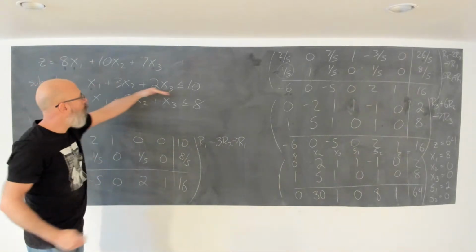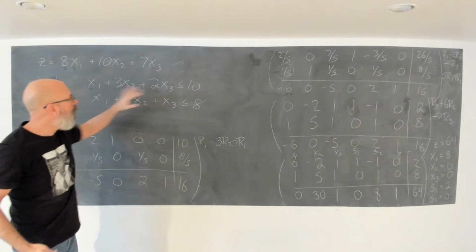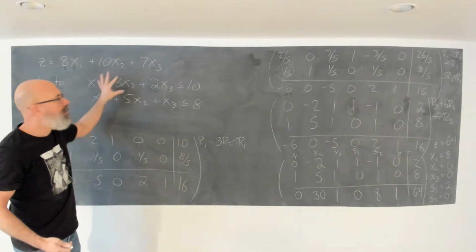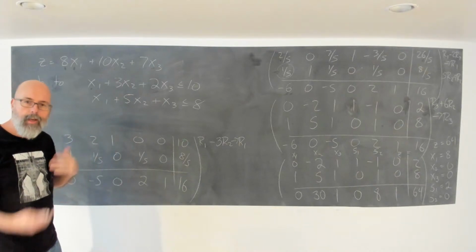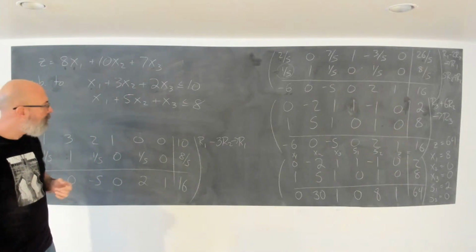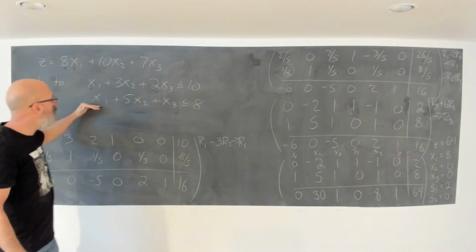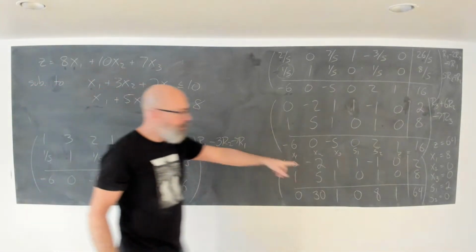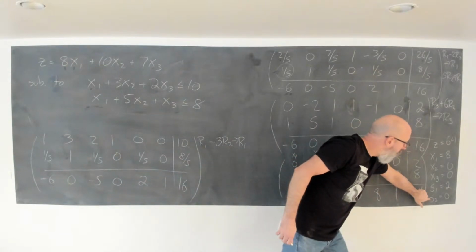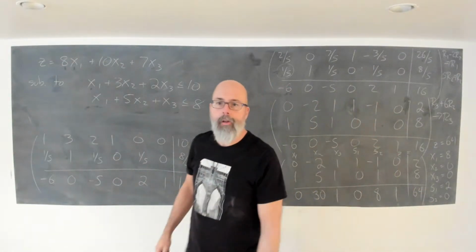But it plays a role when you look at the actual inequality. You had some extra space here. You had an extra 2 that unfortunately you cannot use. But in the second one, there is no slack, right? 8 plus 0 plus 0 is 8. So you have a slack of 0 in the second inequality.